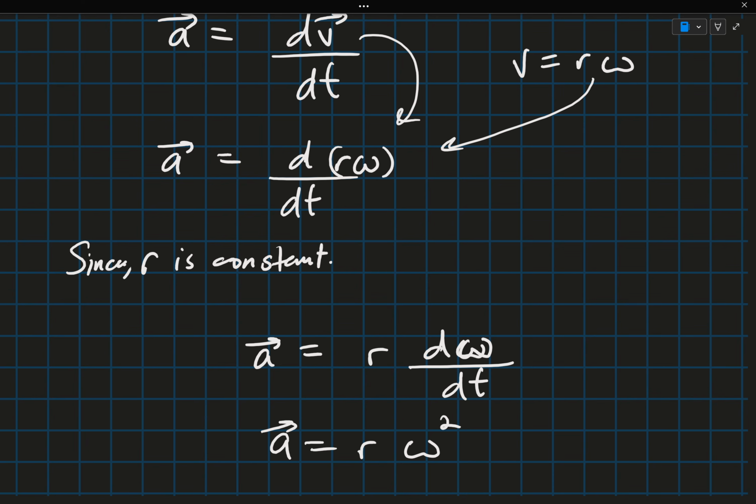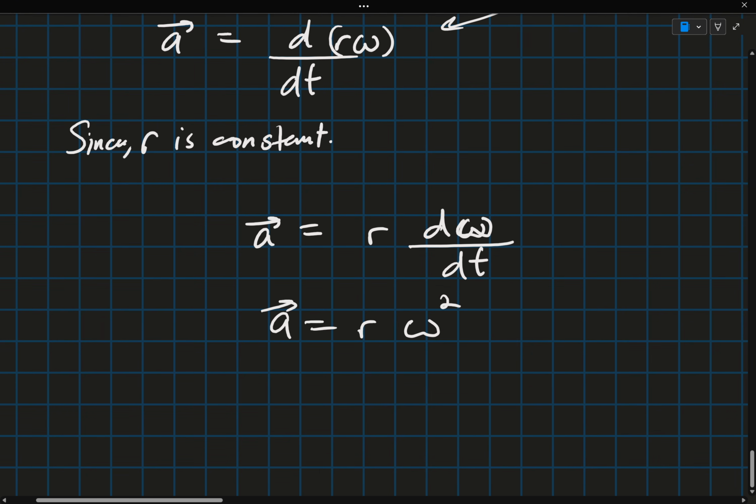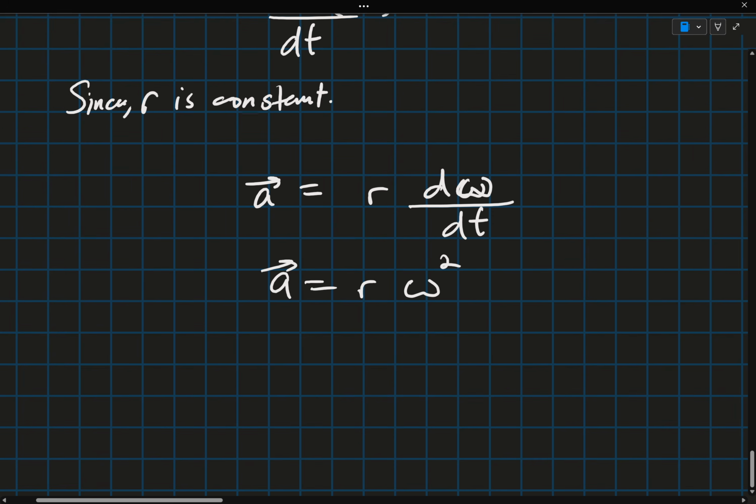Any questions here? If anybody wants to ask how we got r omega squared, we get it from the regular linear acceleration, which is v squared over r.